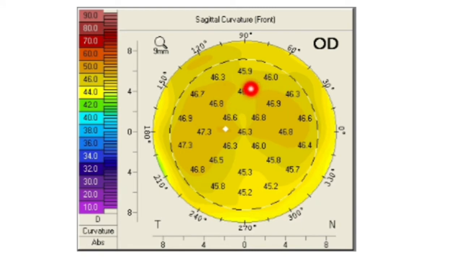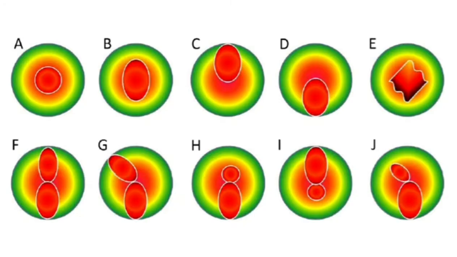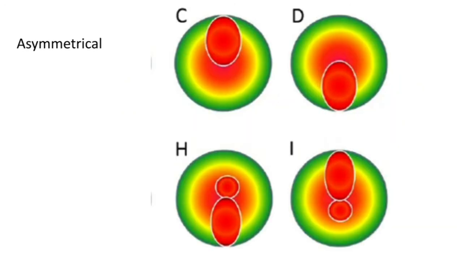If these two corresponding points, like 46.4 and 45.3, differ by less than 2.5, it indicates that the cornea is in the normal range. But if the difference between the two opposite corresponding points is more than 2.5, it tells that there is some ectatic condition or more steepening.